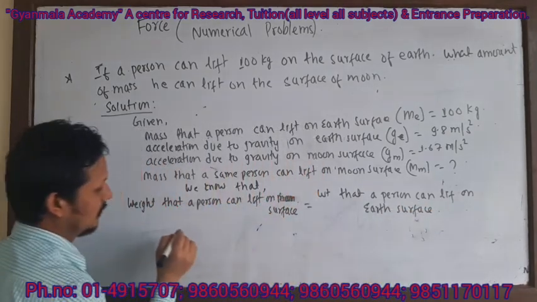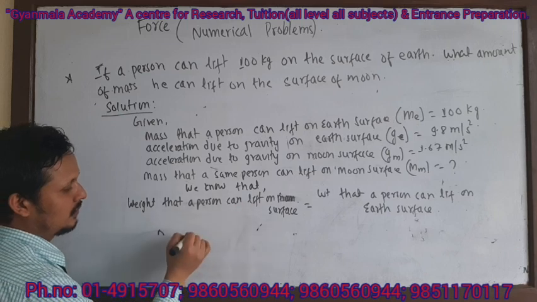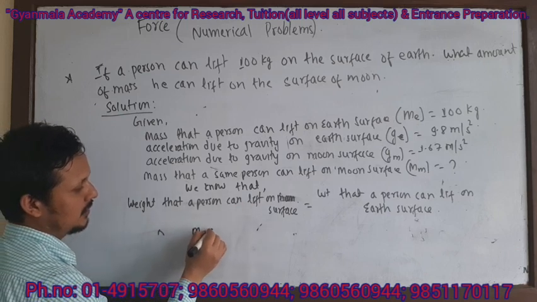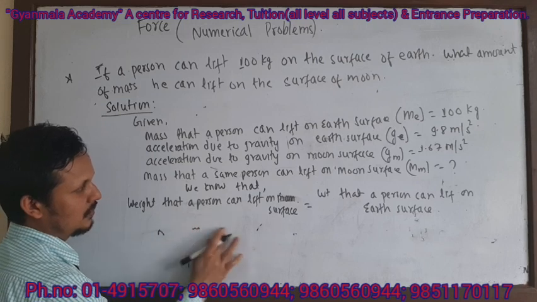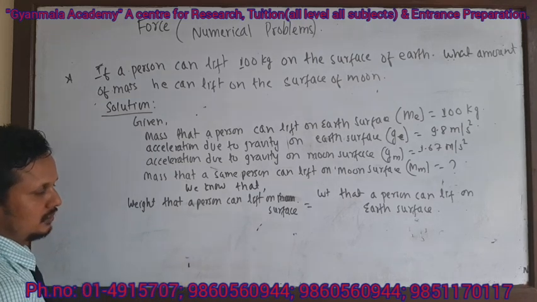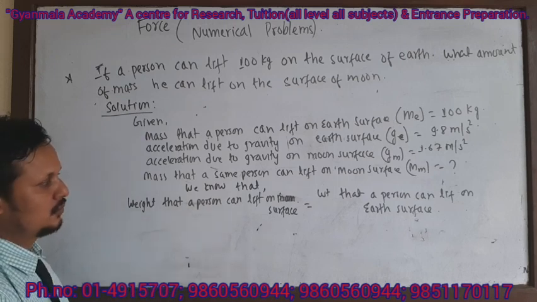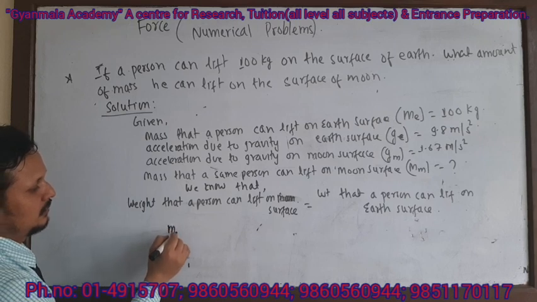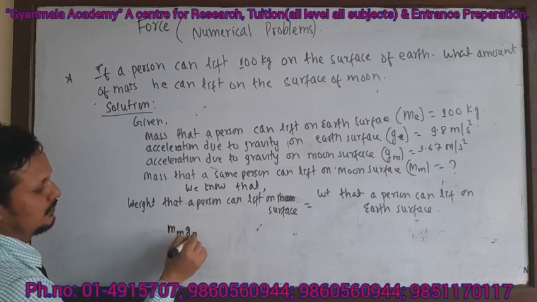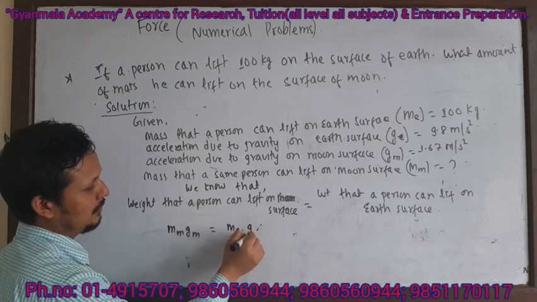Weight equals to mg, so mass on Moon times acceleration due to gravity on Moon equals to mass on Earth times acceleration due to gravity on Earth.